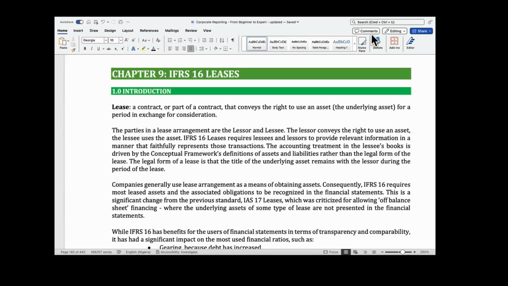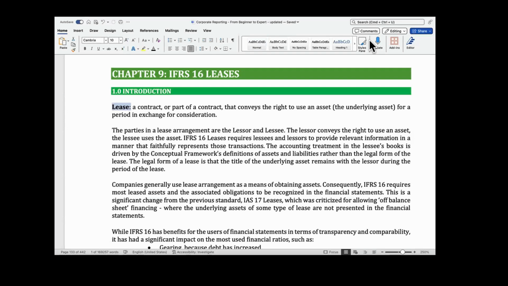This is a relatively new standard. And when it comes to a lease, some people can call it hire purchase. Some people can call it rent. And some other names you might want to give to it.